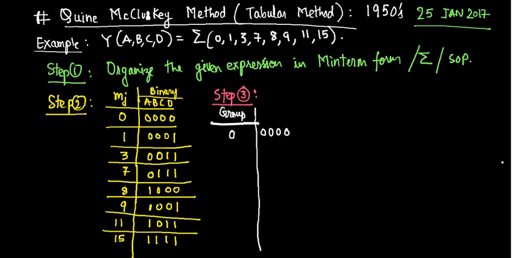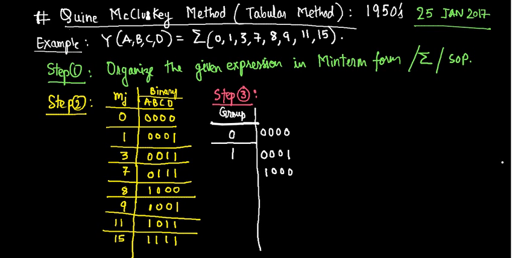Okay. Then once this is done, you form a group with number of ones as 1. Minterms which have a total number of ones as 1. How many minterms are there? 1, 0, 0, 0, 1. What else? 8 is there? 1, 0, 0, 0. Anyone else?